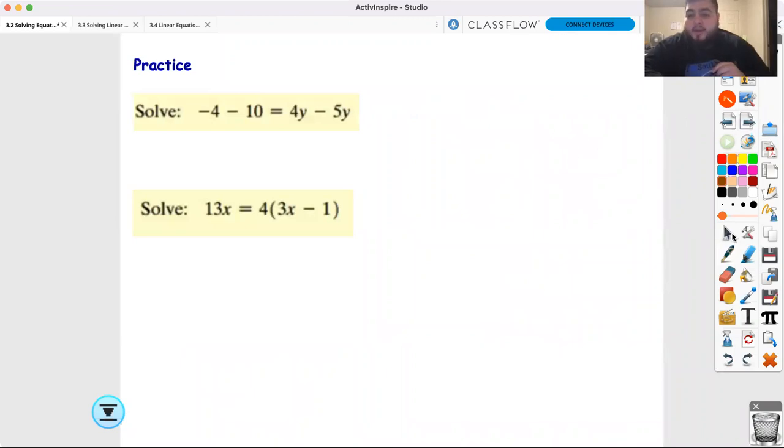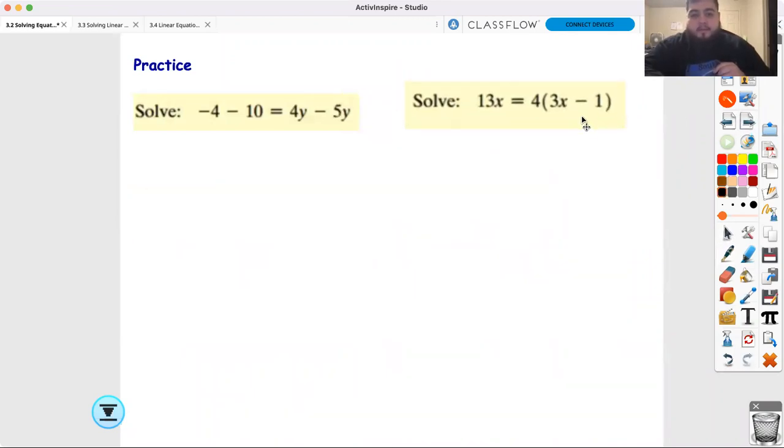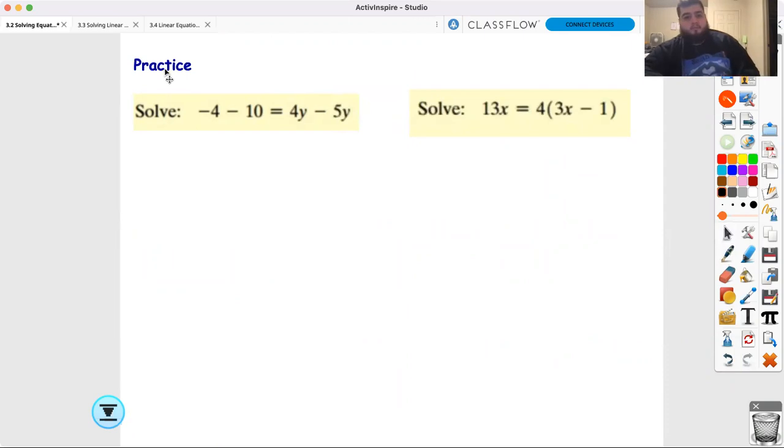Go ahead and try these two practice problems out for yourself. This will be practice problem number 1, practice problem number 2. I'm gonna go ahead and give you guys about 3 minutes on these. Good luck.